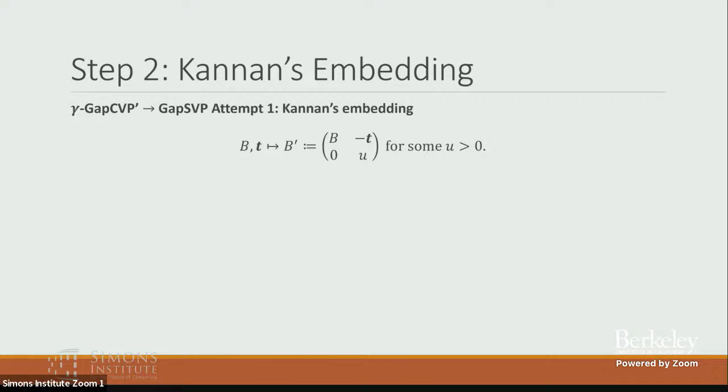So just append the target vector, or say minus the target vector, as another vector in the basis, and then add some orthogonal component. But don't worry about that too much. Just in case it helps anyone, this is basically the same thing you're doing as in a primal attack on LWE, just like the target.